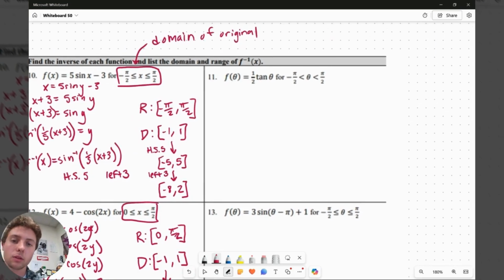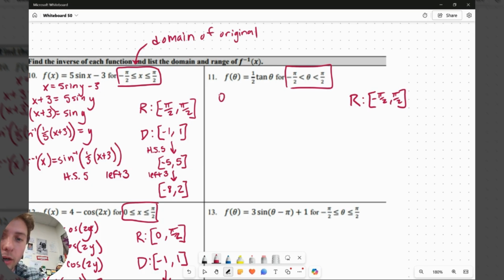Last example, let's look at number 11 with tangent. They give us the domain for the original, so that gives us the range of the inverse. Now let's find the inverse function.